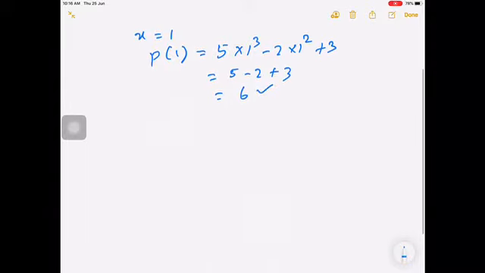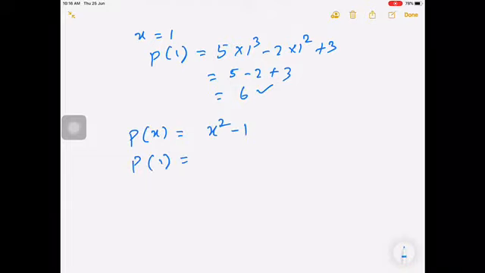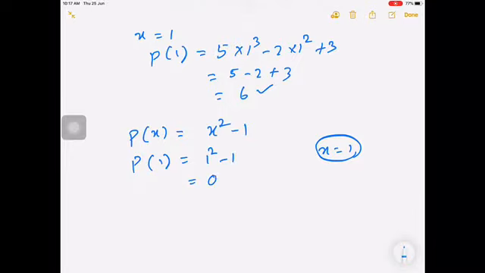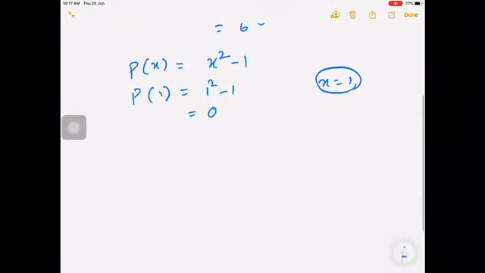Now let us take another polynomial. Let us take p(x) equal to x square minus 1. Now what will be the value of p(1)? That means value of x equal to 1 here. Okay. So we shall put 1 square minus 1, and it will give us 1 square is 1, 1 minus 1 equal to 0. So we found that p(1) equal to 0, right?